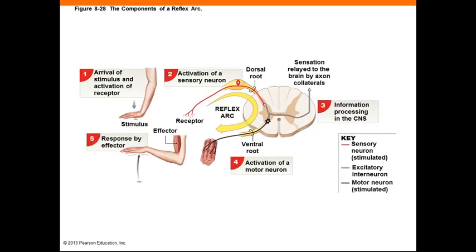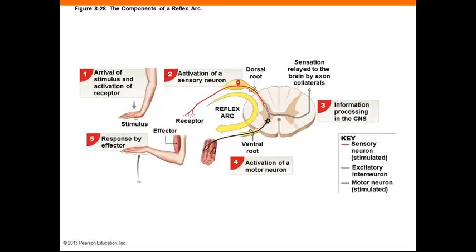Now, this is not a picture of a monosynaptic reflex, but it is a nice figure of a reflex arc. So let me describe what we have going on here. In a reflex arc, you have a stimulus, and in this picture, it looks like the person is experiencing a stimulus of pain because they're touching a tack. And that stimulus is going to activate a sensory receptor.